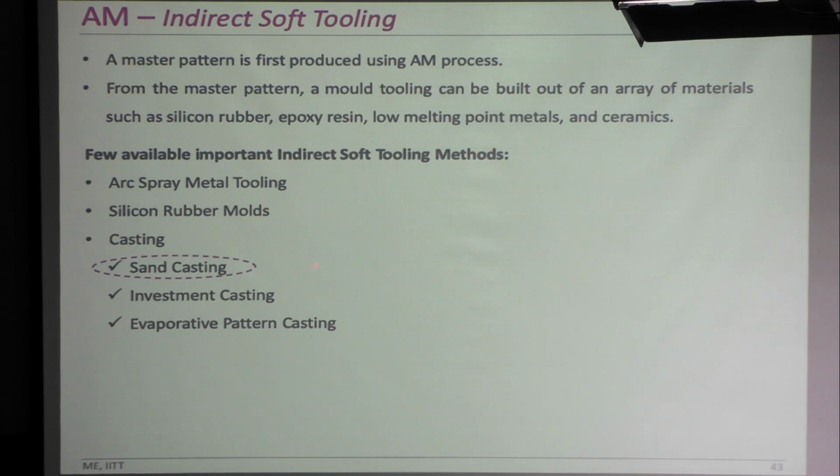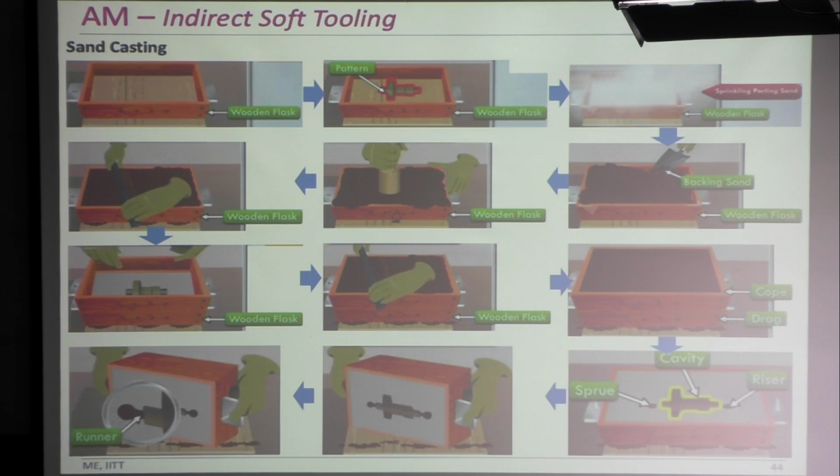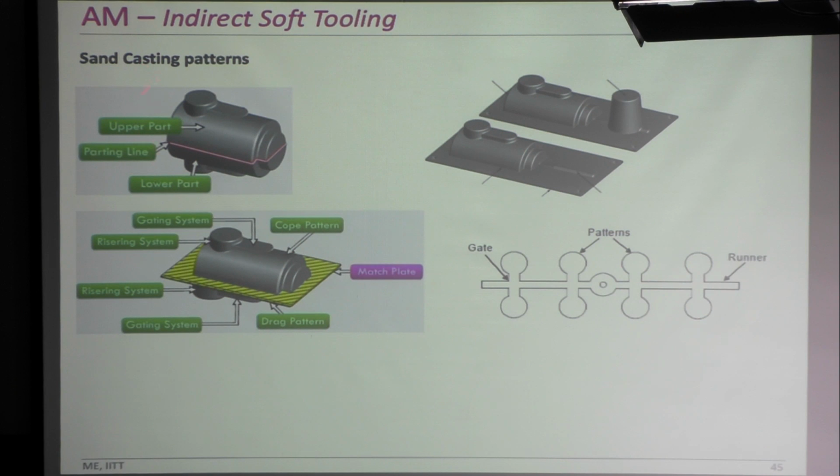And then the casting, sand casting. In sand casting, you already know all these things. It's a basic procedure, right? The pattern you use here is a master pattern, manufactured by using an AM process.